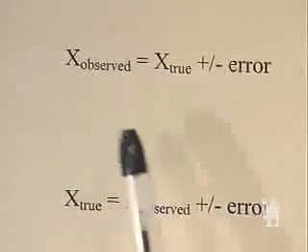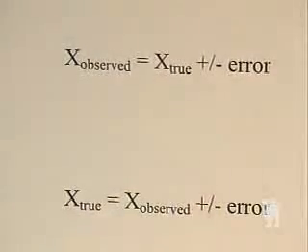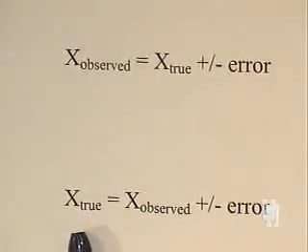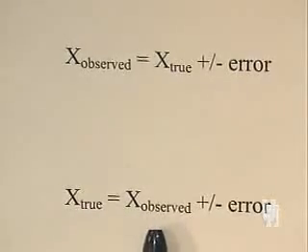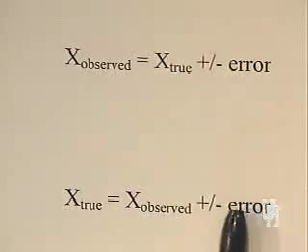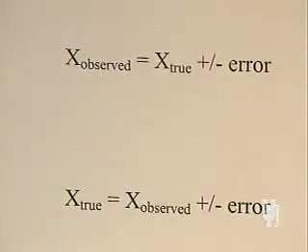We can reconfigure that equation so that it isolates the true score and indicate that the true score equals the observed score combined with some amount of error. The reality is that all observed scores include error.